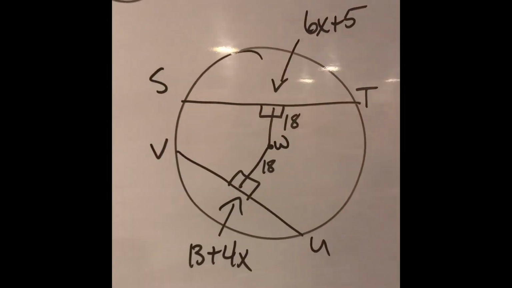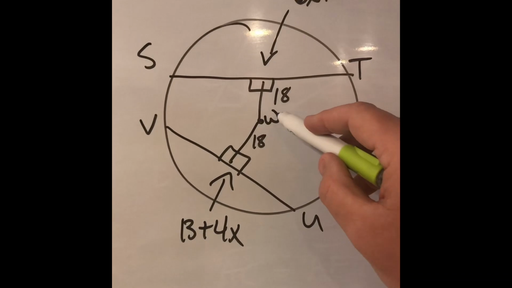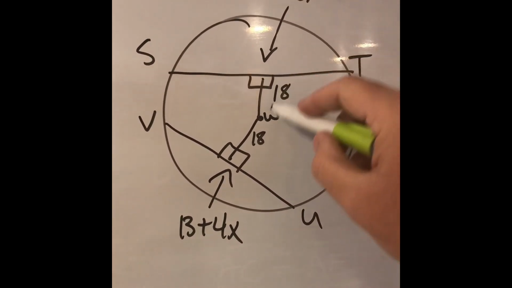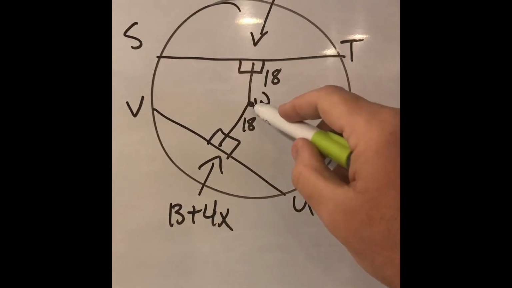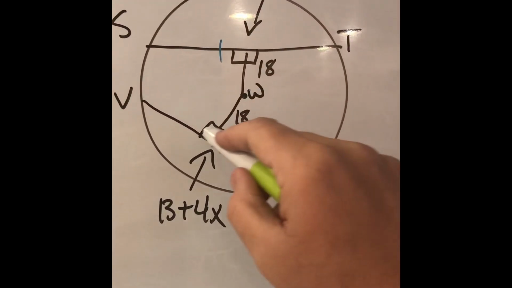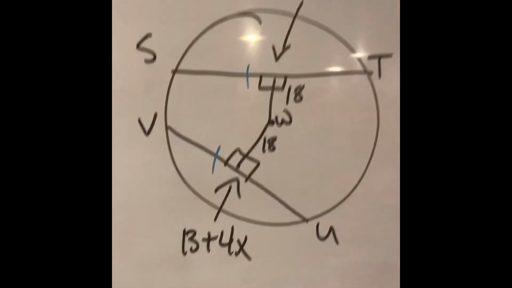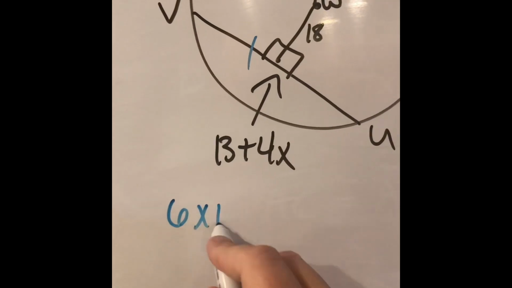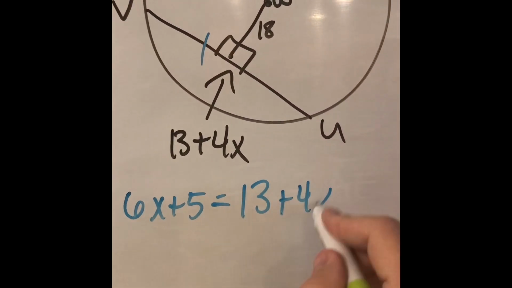Number 10, find x again. This time, since from the center of the circle to ST and the center of the circle to VU are both equidistant, they're both 18, that tells me then that ST and VU are also going to be equal to each other. So we're going to set these 2 equal again. 6x plus 5 is going to equal 13 plus 4x.